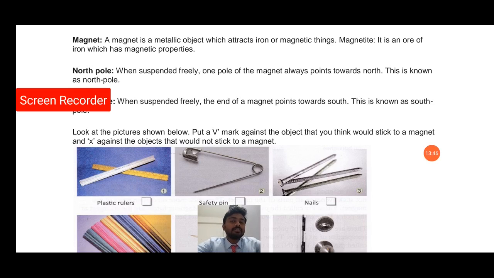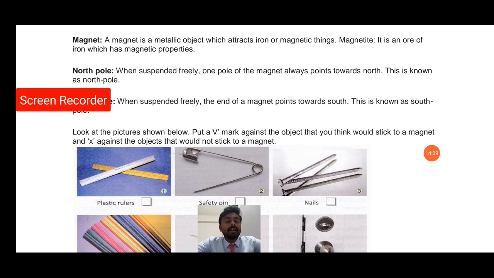Okay, students, first one is a magnet. All of you understand about the magnet? A magnet is a metallic object which attracts iron or magnetic things. So this is a magnet.